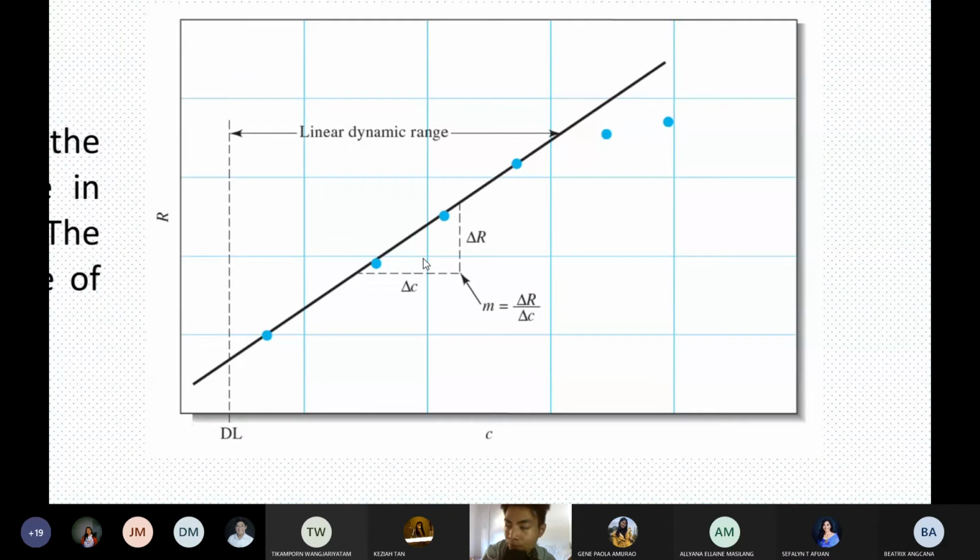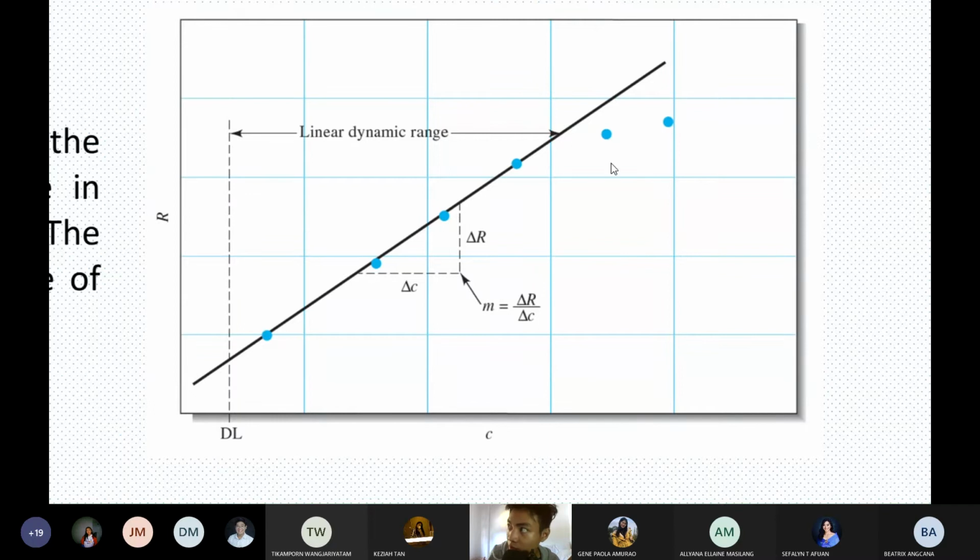In those cases, when your curve starts to plateau, or to be hyperbolic, you may want to remove those points at the end in which they start to deviate from your linearity, because again, that means your instrument isn't reading the higher concentrations very well.